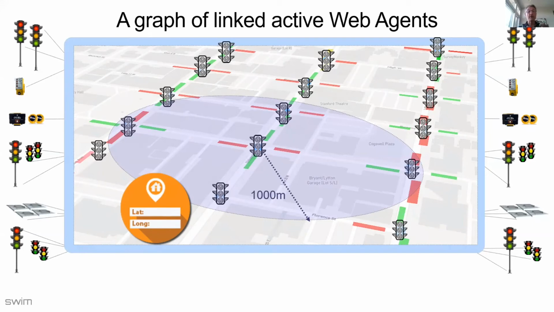So it's trivial for an intersection, for example, to know who its neighbors are, because we know the lat and long of every single intersection. And so then the following thing is a no-brainer. Every intersection predicts continuously using its own state and the state of its neighbors, and it streams its predictions back to the broker.